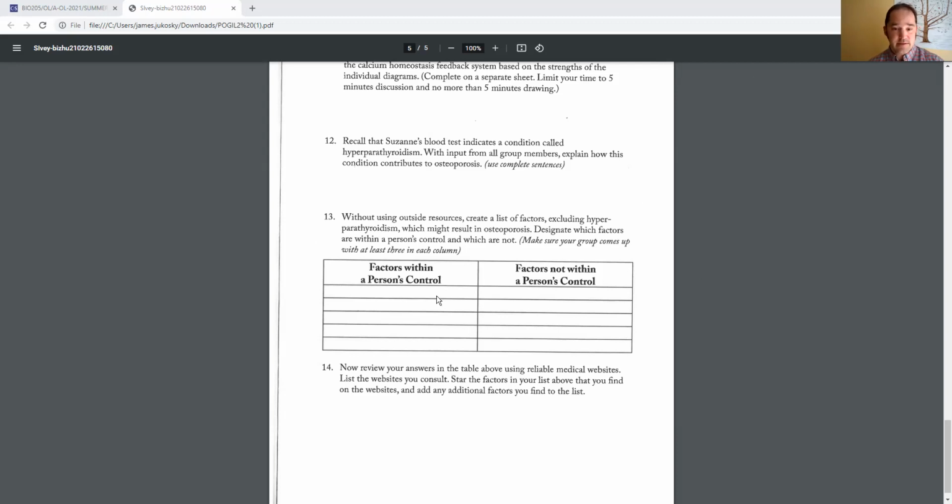Some other risk factors are age, and I'll just pull up a website here because it very nicely illustrates lots of different osteoporosis risk factors.